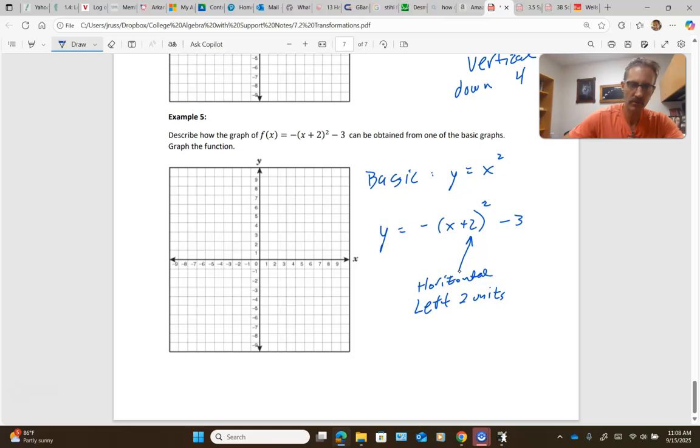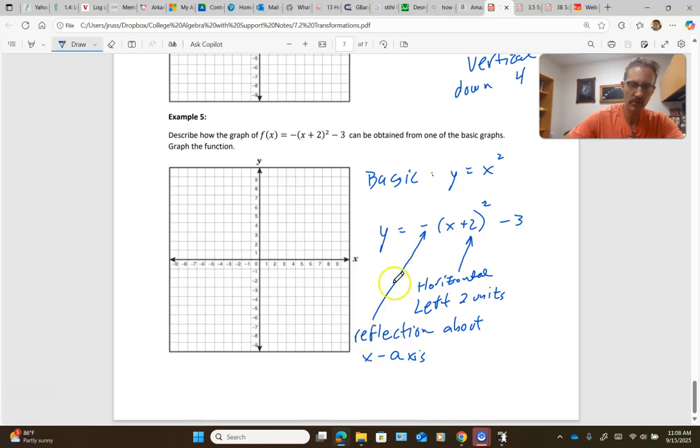Okay. And then we're working our way out, and then we next encounter that negative there. So that will cause a reflection, a reflection about the x-axis. Some of my students like to remember it by it flips, it vertically flips.